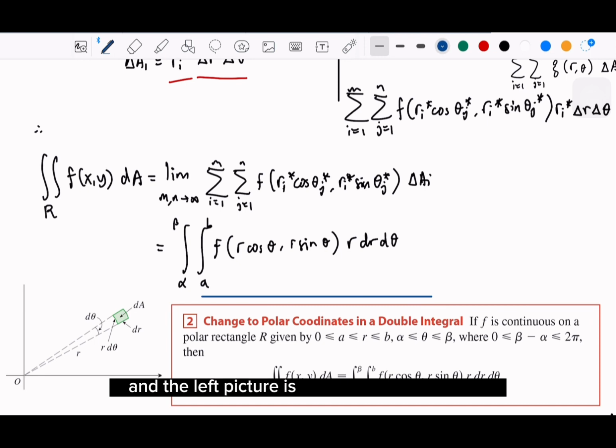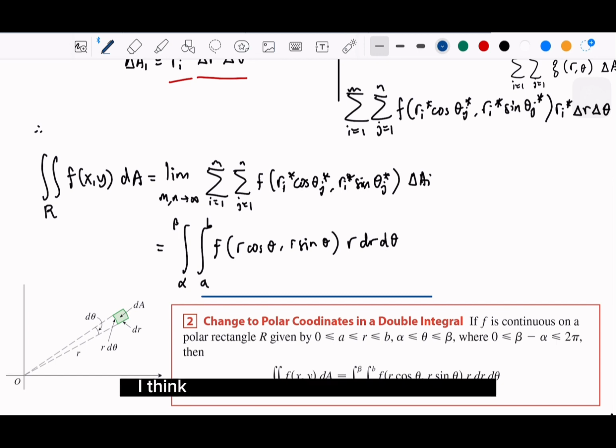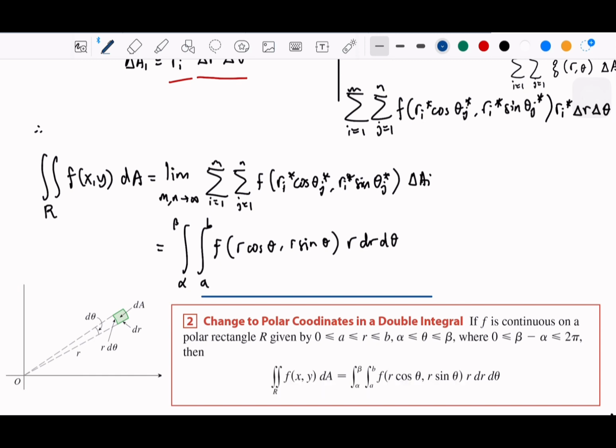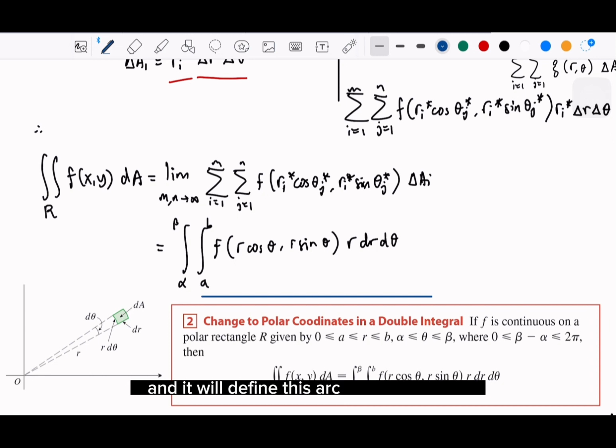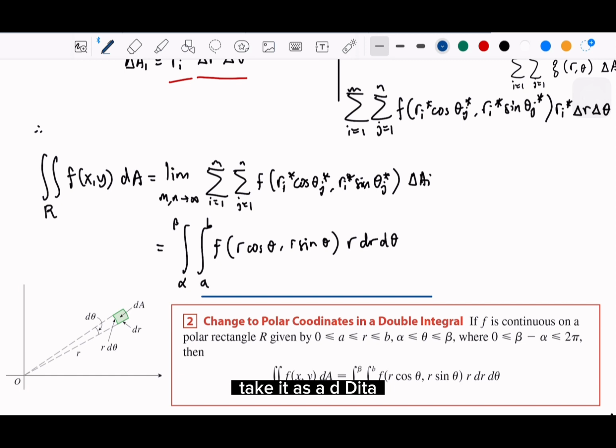And the left picture is something that you can take as, I think, a quick recap of what we have done. You can see from our building blocks here. So suppose that this is going to be our part of the sector. And if we define this arc with r d theta, because the angle we made into small pieces, we take it as a d theta. So this arc will be r d theta.